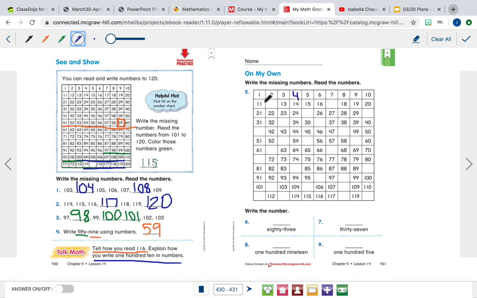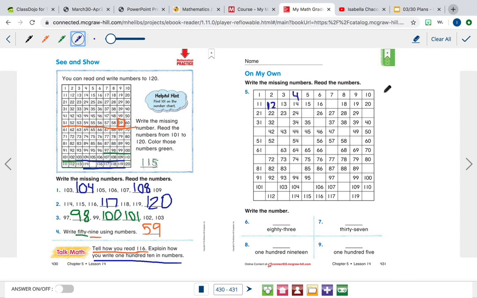Well, if I don't know what comes next, I know that on this row right here, we look at the tens place, and in all of the tens place is a 1. So I'm going to put a 1 in the tens place. And then if I look down here for the ones place, all of the ones place is a 2. So that's what you're going to do, okay, friends?